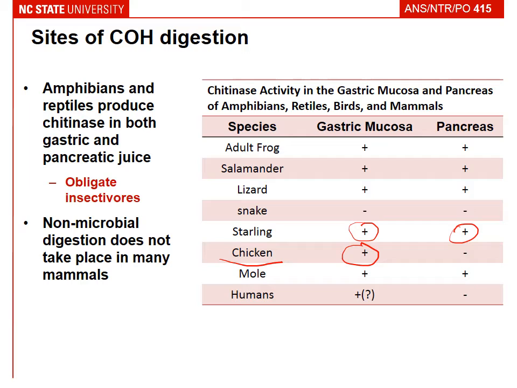Now, interestingly, this was a group of Italians, and insects are not a major component of their diet. So it would be interesting to have a similar study done with groups of individuals that utilize insects as a major food source. Maybe they have a greater amount of chitinase expressed.